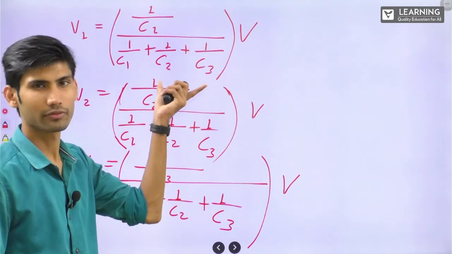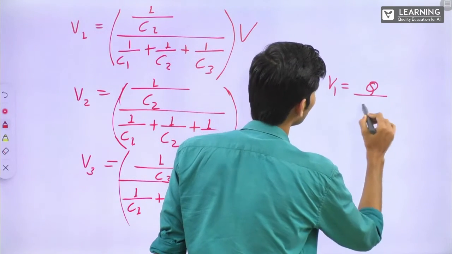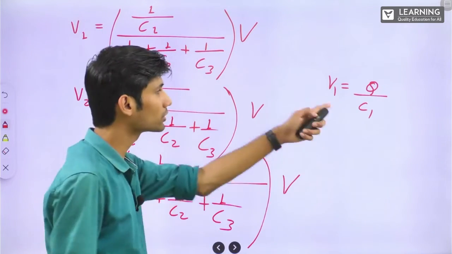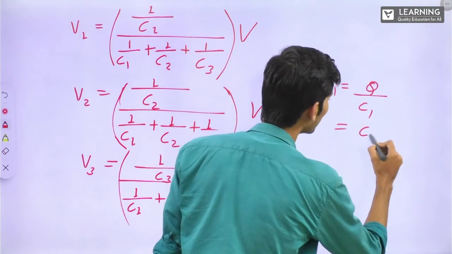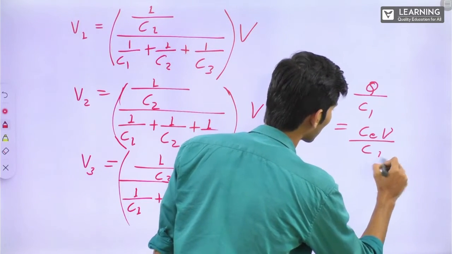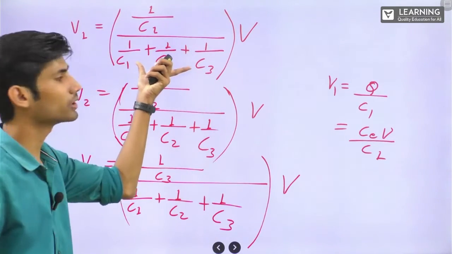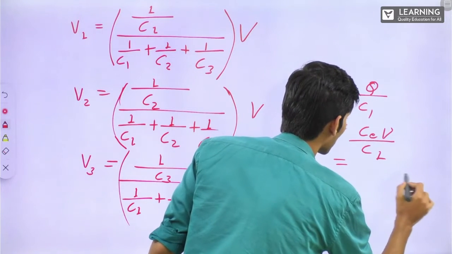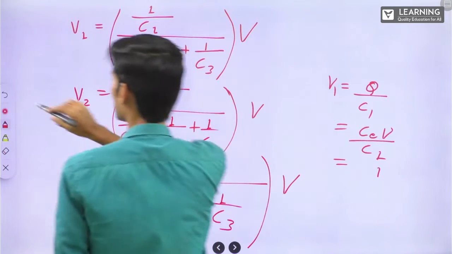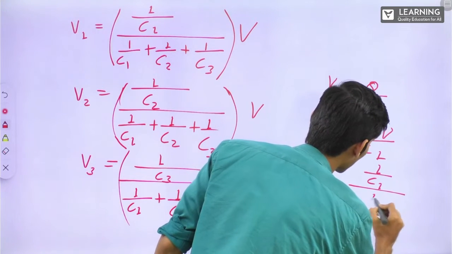How did this come? Very easy. I told you V1 is equal to Q by C1. Correct? What is Q? Q is equal to C equivalent into V. Correct? Now C equivalent, if you open, this is 1 upon C equivalent only. C equivalent I can write as 1 upon C1 divided by 1 upon C equivalent.